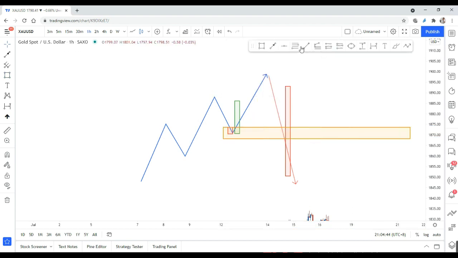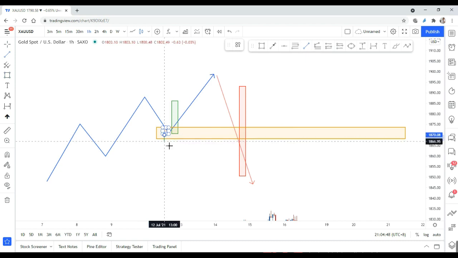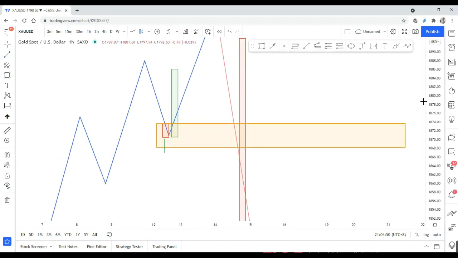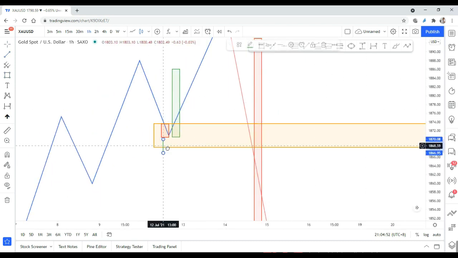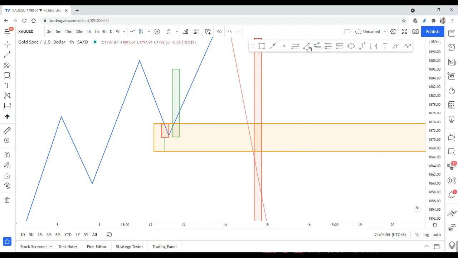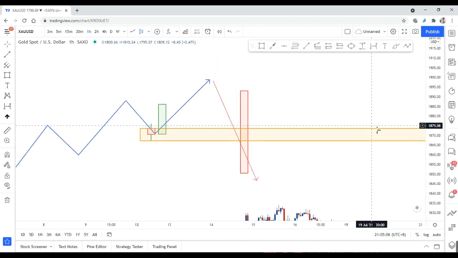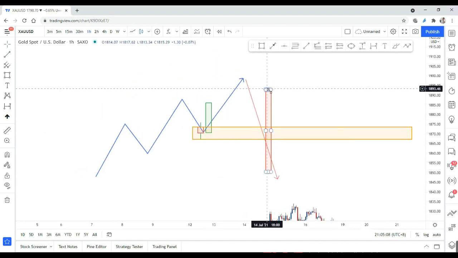It does not matter what the color of the candle is. We have the wick on top. Let's assume it's a green color. It's okay. So this is your demand zone, and then there is a break.